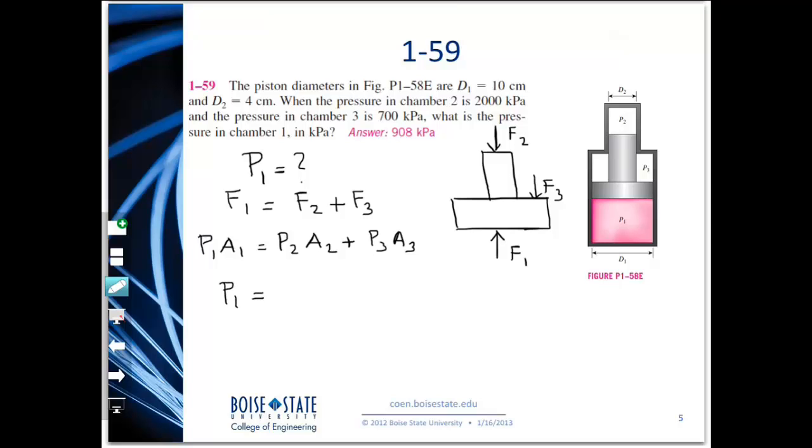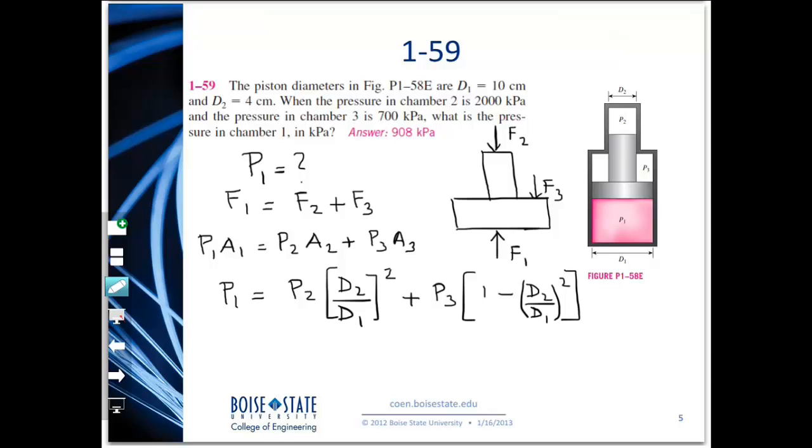So P1 will be P2 times (D2 over D1) squared plus P3 times (1 minus (D2 over D1) squared). And if you put in the numbers and convert the diameters from centimeters to meters, you get P1 to be 908 kilopascals.